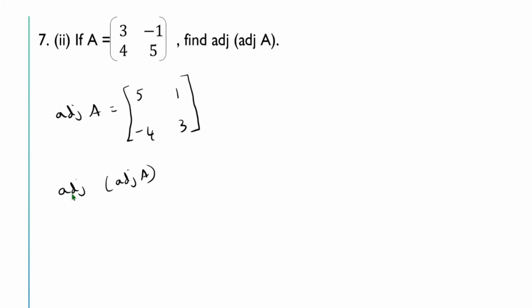Here again we interchange the diagonal elements and change the sign of the remaining elements to get the adjoint of this matrix. So it is equal to 3, minus 1, 4, 5. So adjoint of adjoint of A is equal to A.